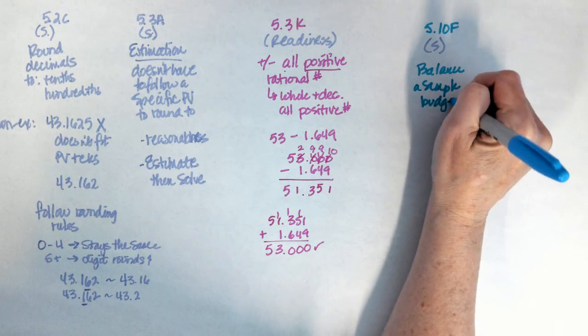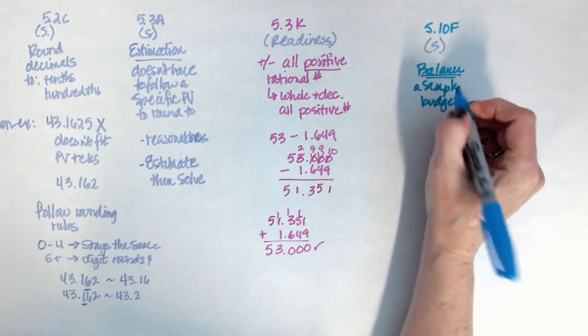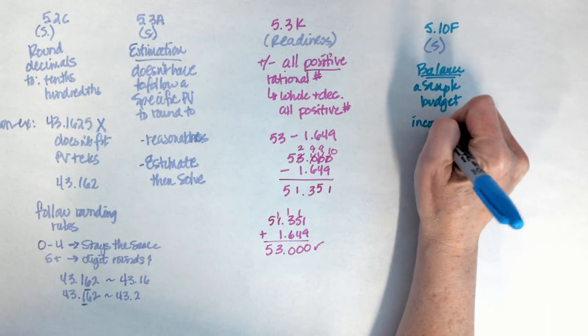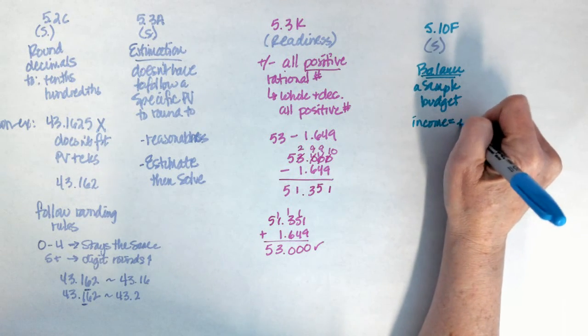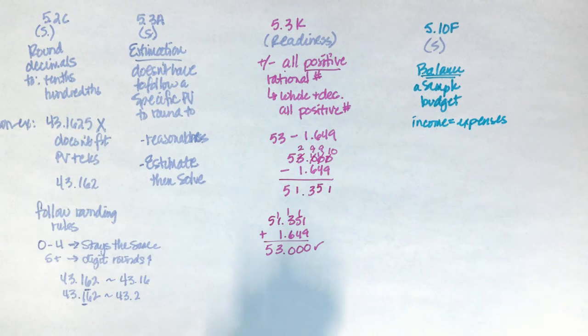So the biggest thing kids have to know for this is in order for a budget to be balanced, income has to equal expenses. If it doesn't equal, then you have to make adjustments. If you have more income than expenses, then you can put some of that income in savings, or you can put that income in an other category for wants beyond your needs.